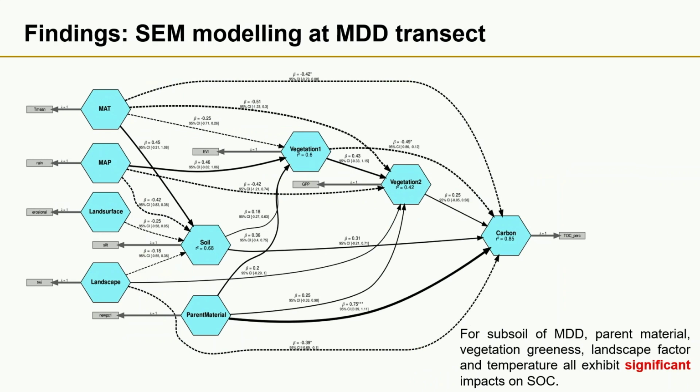For the subsoil of the MDD transect, we found parent material, vegetation greenness, landscape, and temperature all exhibit significant impacts on soil carbon. We also found a significant negative EVI and soil carbon relationship and a weak positive GPP and soil carbon relationship in subsoil.